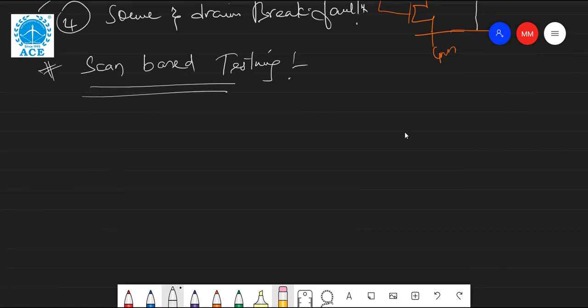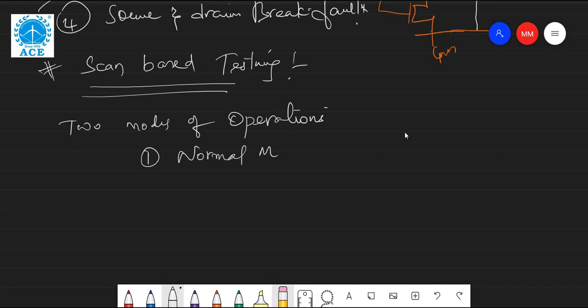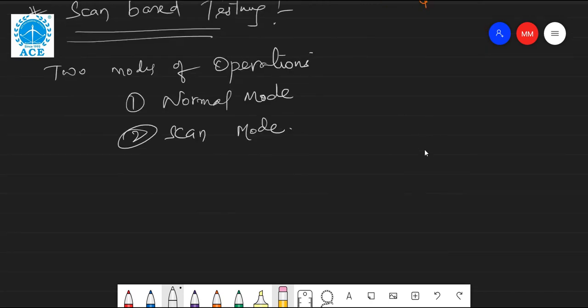There are two modes of operation: the first one is normal mode and the second one is scan mode. So what do we mean by normal mode?